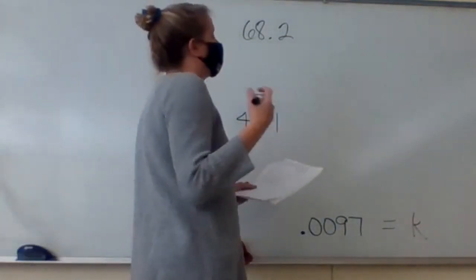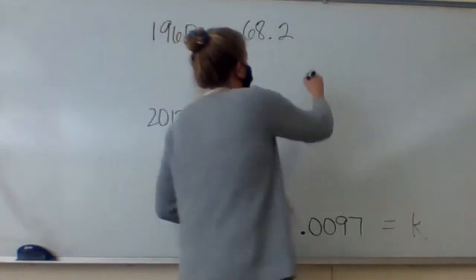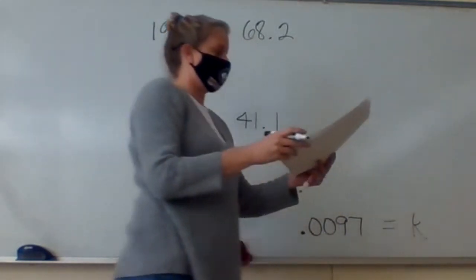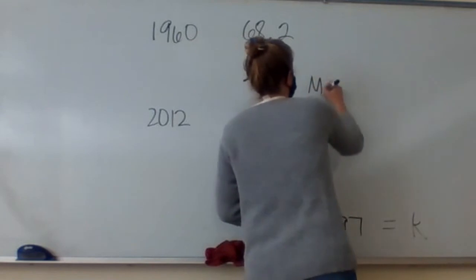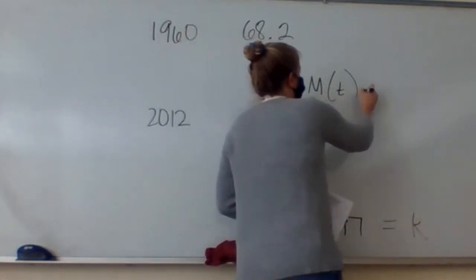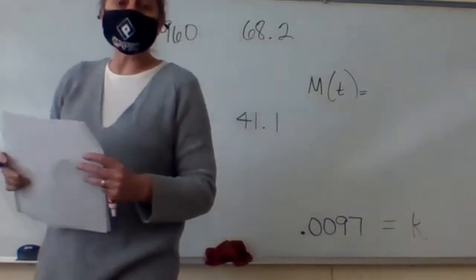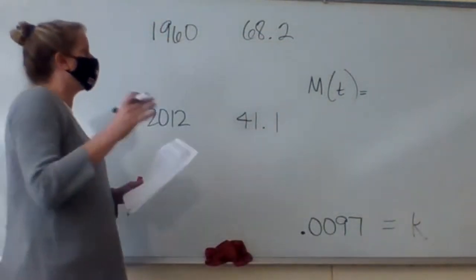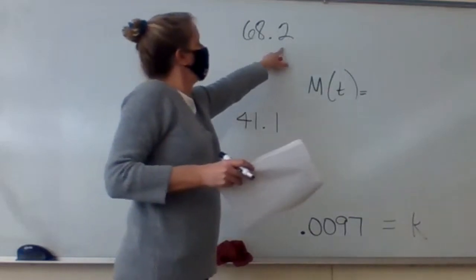So if you are using the decline model, you're going to have M of T equals your original amount. What is the initial original amount? 68.2.